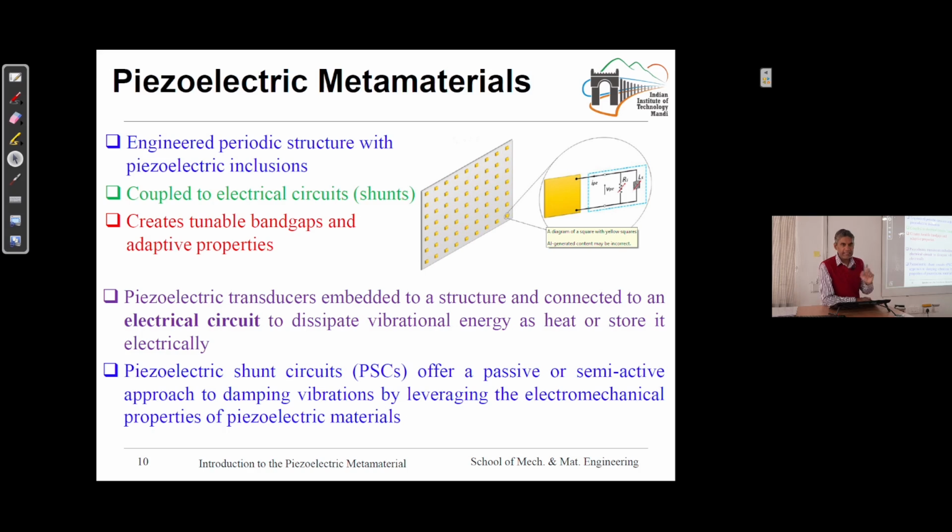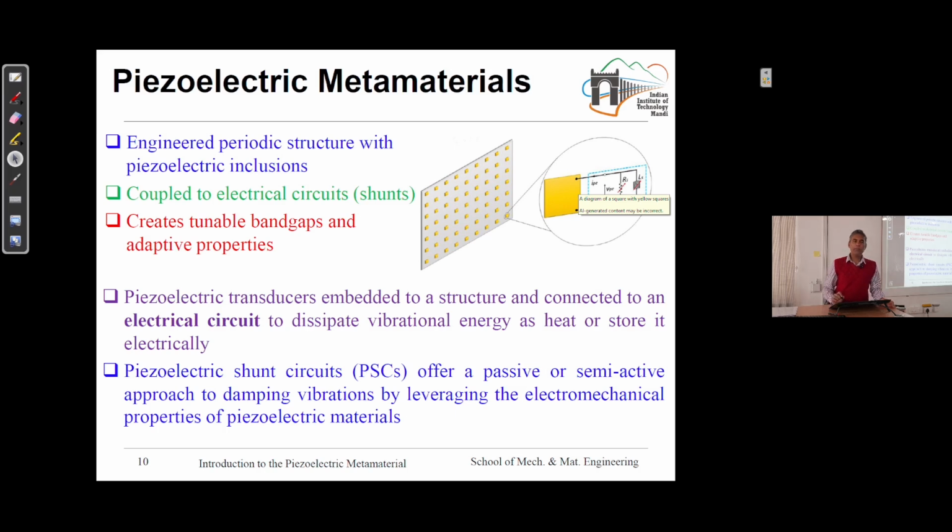But in the case of a metamaterial piezoelectric smart structure, we do not need any controller, any actuator, or any battery. The energy comes here and then automatically dissipates into heat energy, and of course the vibrations are damped out, right?